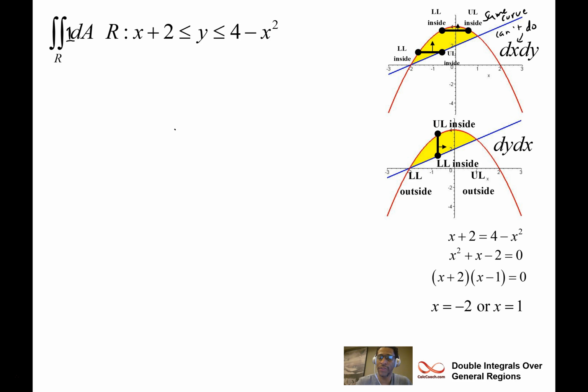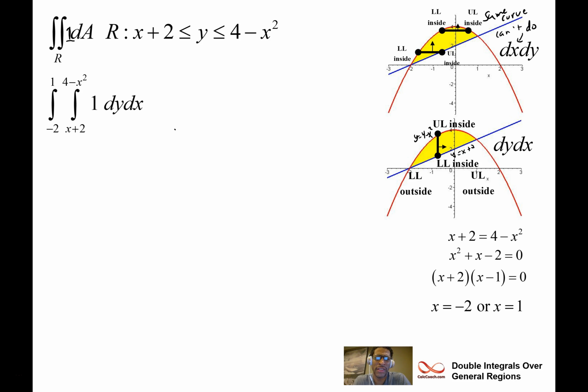The inside bounds would be the parabola, 4 minus x squared, as the upper limit, and then the line, x plus 2, as the lower limit. And so there's our double integration, set up as dydx.